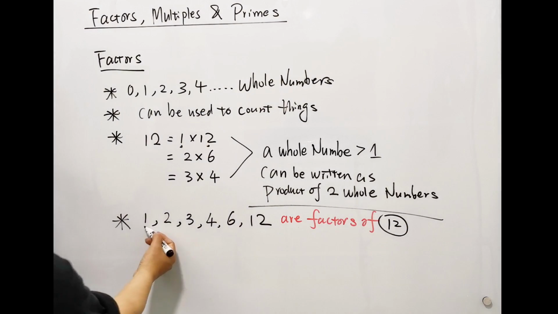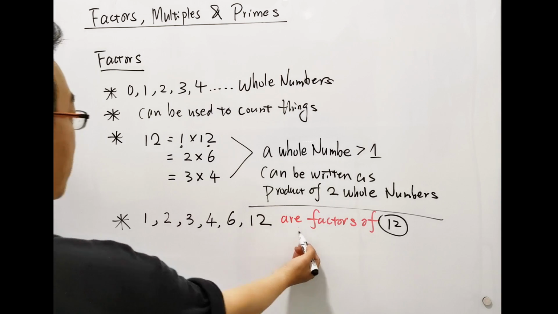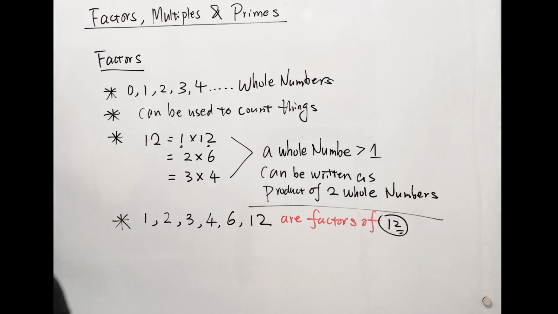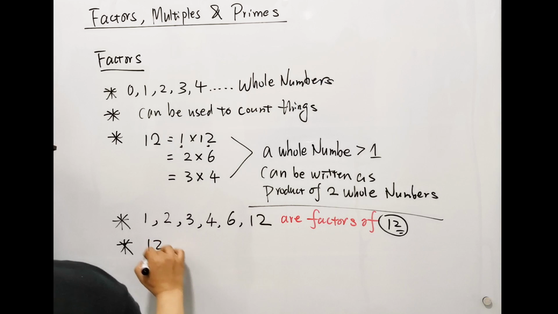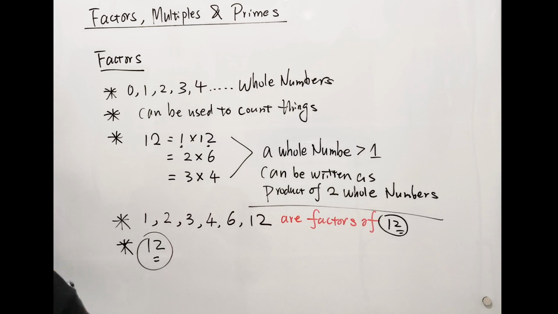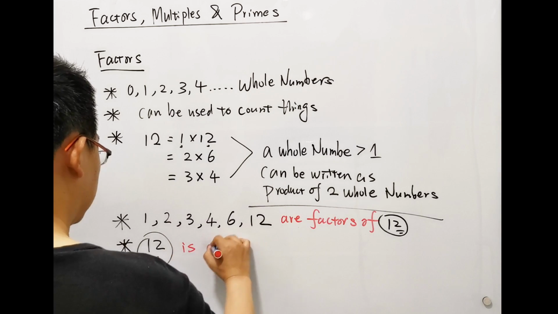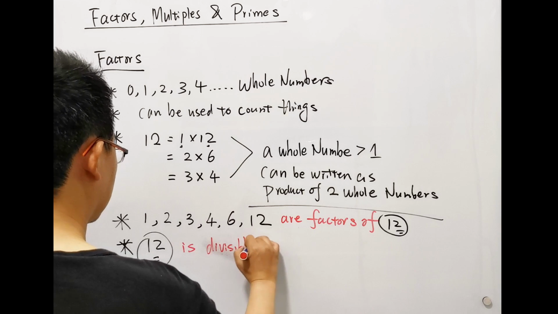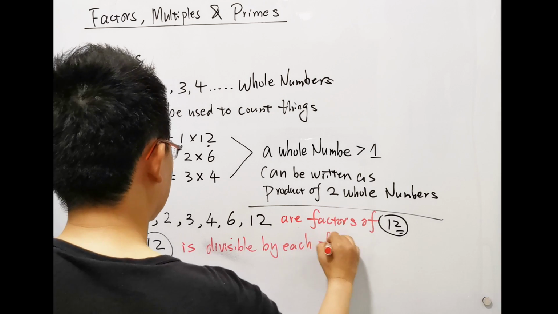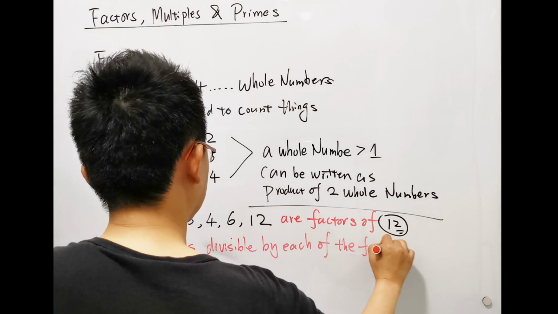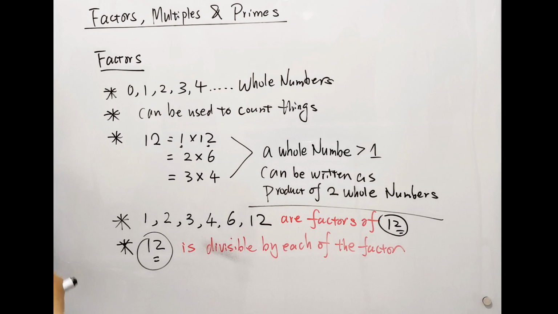They're all factors. Sometimes we also say the number 12 is divisible by each of the factors.